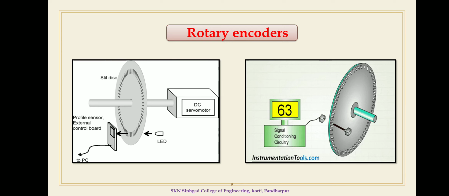Finally, conditioning electronics detects the light and dark signals and converts them into a usable form of pulses. So this is the simple working principle of a rotary encoder. In the advantages of a rotary encoder, the construction is simple, easy in application and low cost.